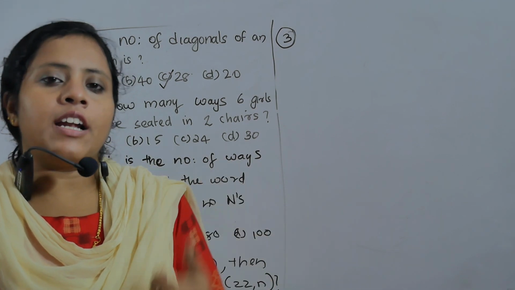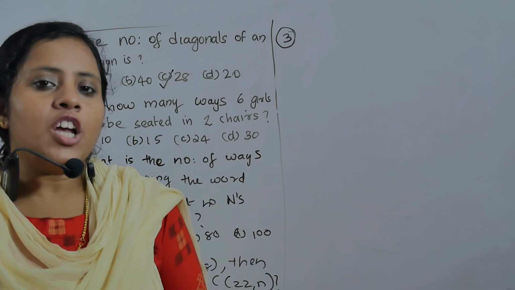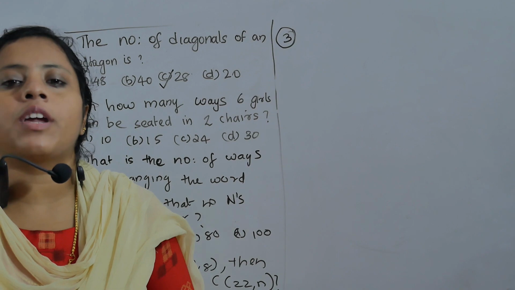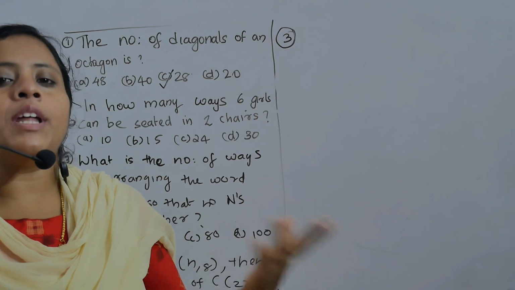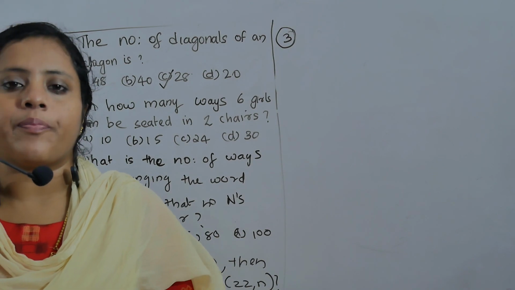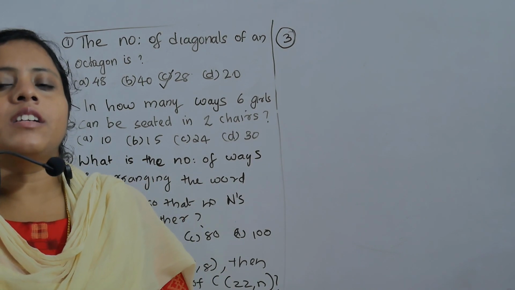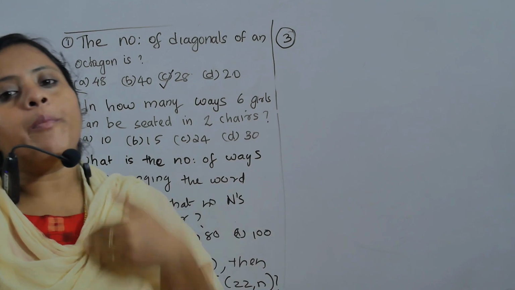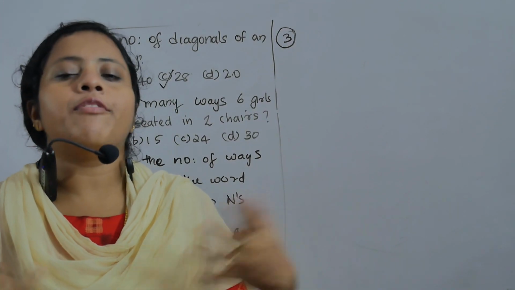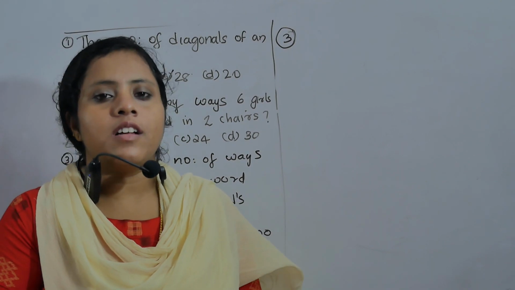So in this kind of question, you have to check in how many ways this word can be arranged without any condition. Once you get that, we'll check in how many words N's are coming together, and if we subtract that, we'll get the answer. Understood?